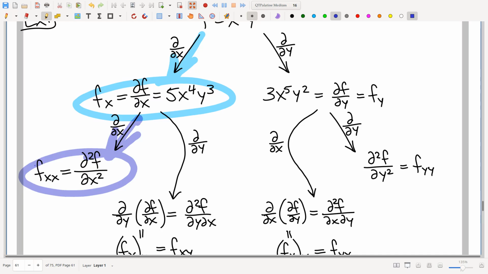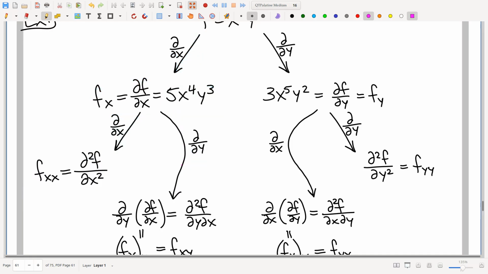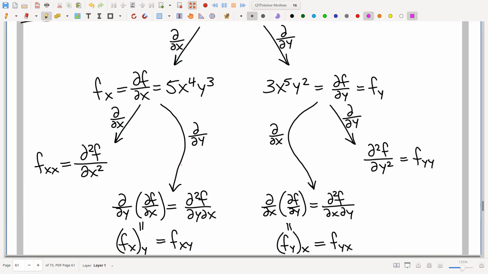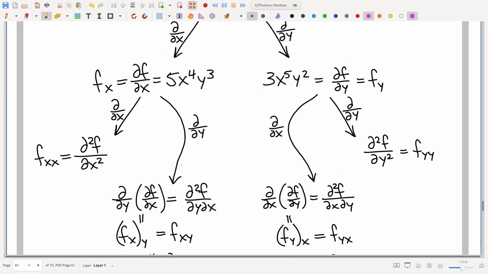Okay. And then likewise, I could take the y partial of that x partial. You start with an x partial, then you can take the y partial of that. And again, let's talk about the notation. How would you write that down? So we start with an x partial.